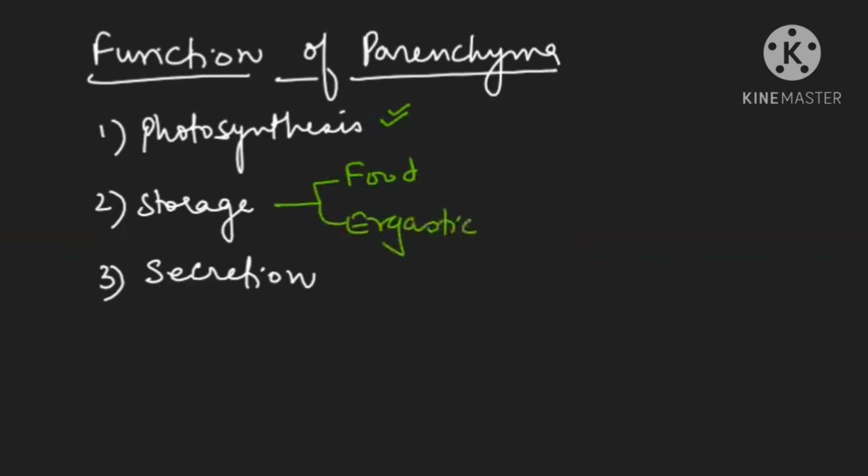They can store some mucilage also, just like we find in aloe vera. They are responsible for secretion also. So these are the three main functions which are performed by the parenchyma. So I hope this parenchyma topic is clear, and all these functions are mentioned in your NCERT. I have covered all the points of NCERT.